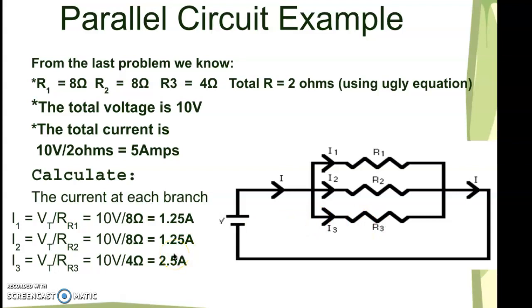Now, to make sure you did it right, you just add up those three together, 1.25 plus 1.25 plus 2.5, and that gives us 5 amps. And I know that's right because I calculated that to be my total current to begin with, okay? So in a parallel circuit, the current splits among the branches, and it's pretty easy to calculate how much it splits by using Ohm's law here.